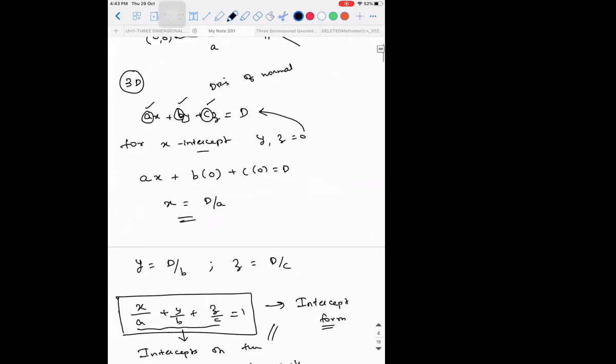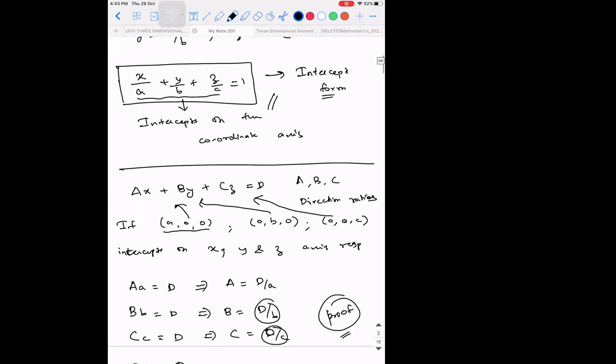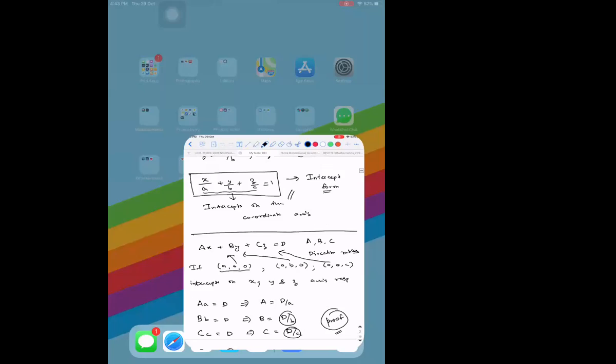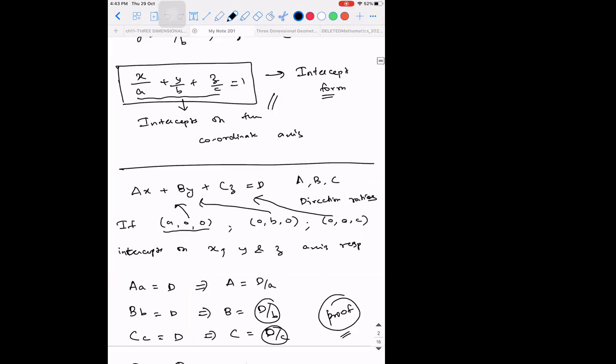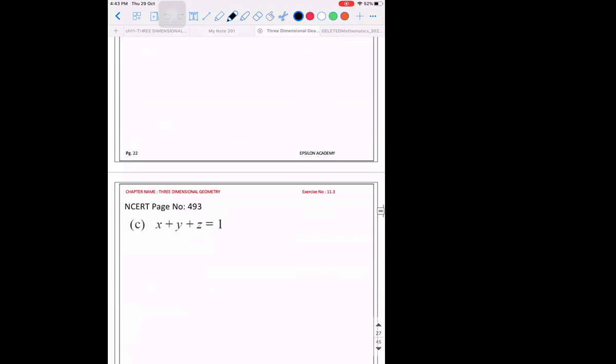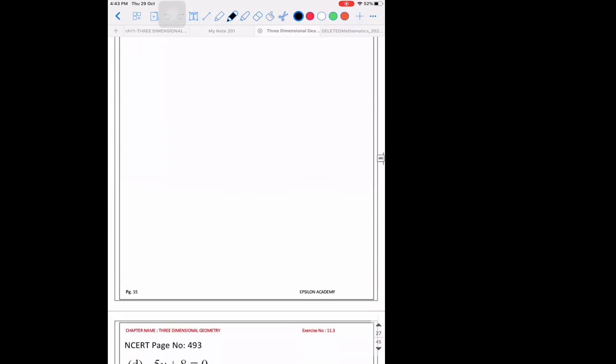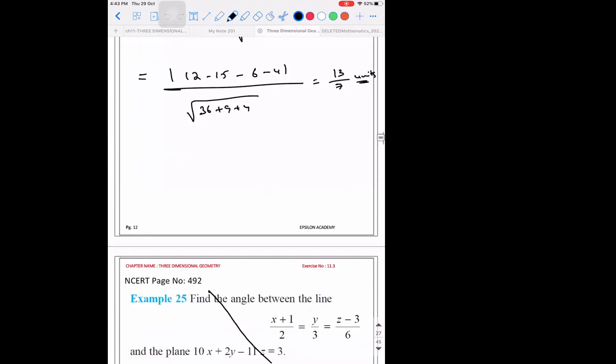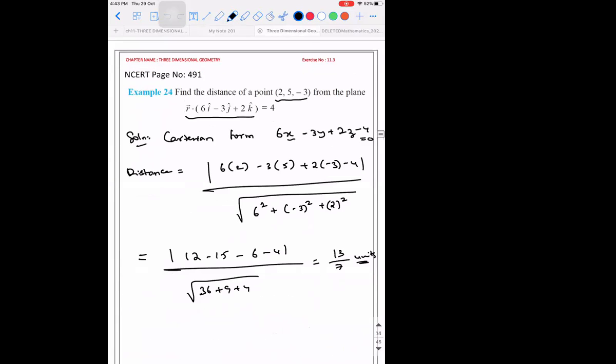Sir, can you send the problems from the document also, sir? Oh, the ones which I solved. This one you are asking. This page. Yes, sir. I'll send it immediately.